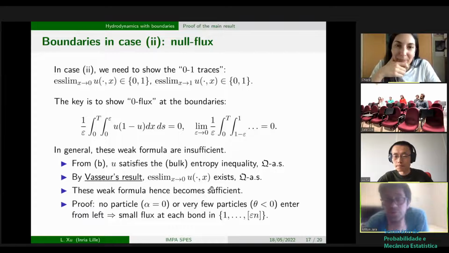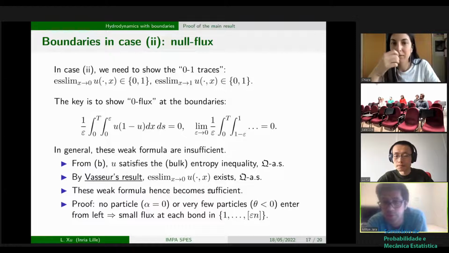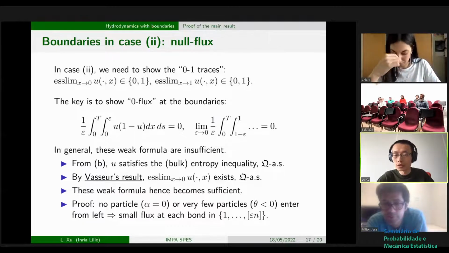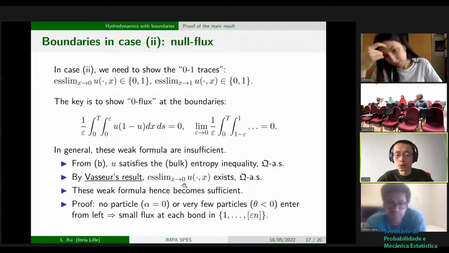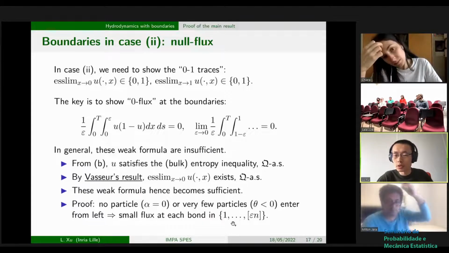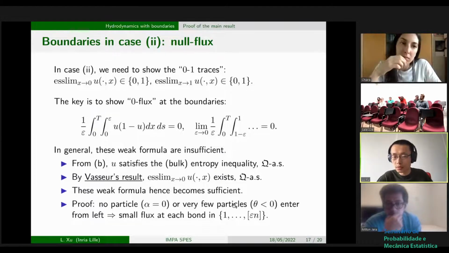A question: in your proofs, do you use coupling arguments like in some of these hydrodynamic methods, or is it completely free of coupling? No, the proof is free of coupling, because if we want to use coupling arguments, we need to couple the finite dynamics with the infinite dynamics.